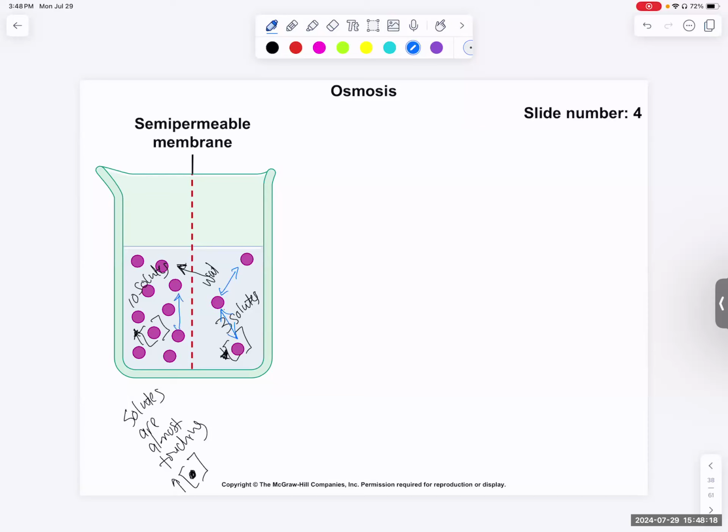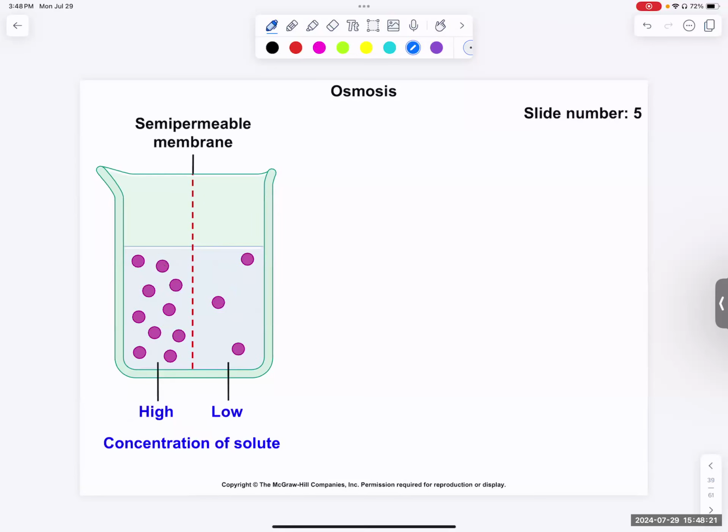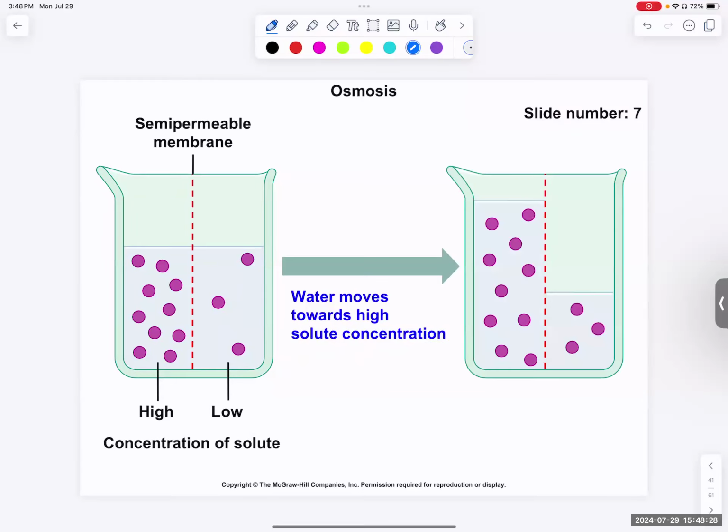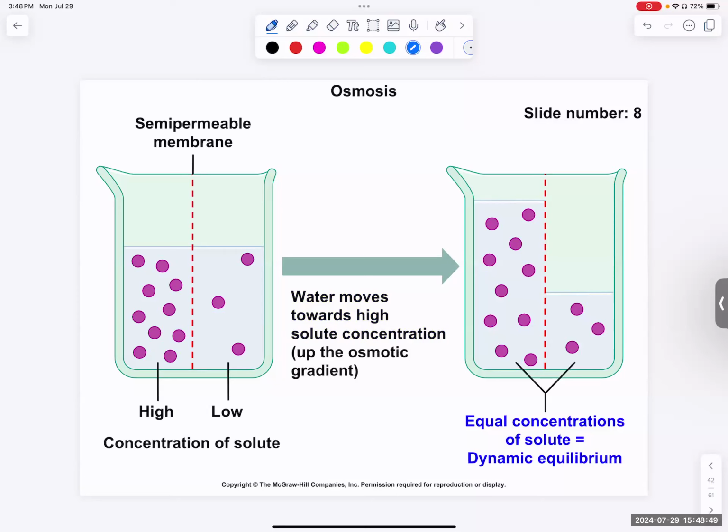They want to spread out so they're that same distance on both sides. And so you have a high concentration and a low concentration. Water moves towards the higher solute concentration. So water is going to move, and you notice then these distances are going to be equal on both sides. Water moves up the solute concentration gradient to make the concentration of solutes in a given solvent the same. So you have equal concentrations on both sides.